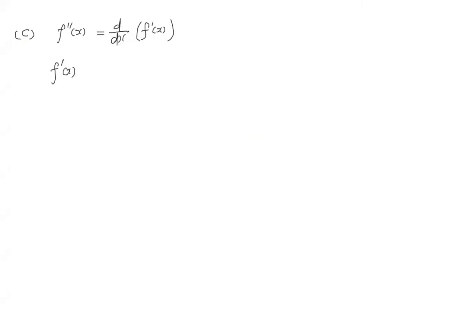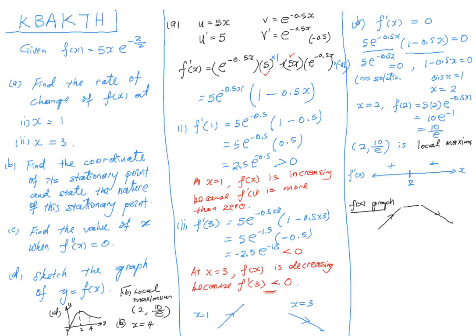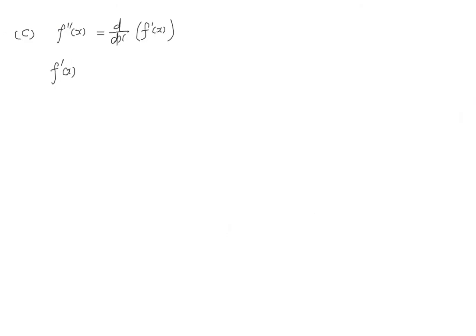So from the very beginning, from part A, this is my f prime x. I'm going to write down: 5 e to the power negative 0.5x, open bracket, 1 minus 0.5x.